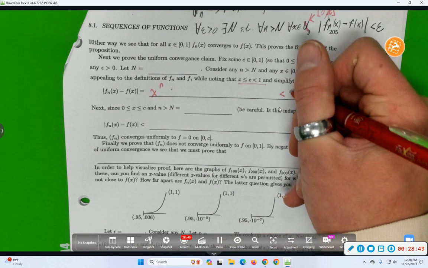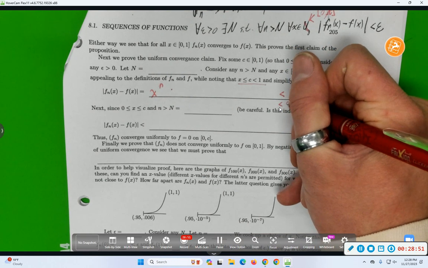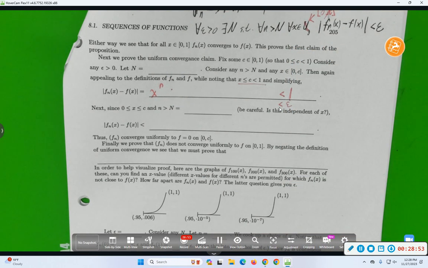This is true, but eventually I want to get a less than epsilon there. So just less than 1 isn't going to be good enough. I need to show that it's less than something that I can show is also really, really small.